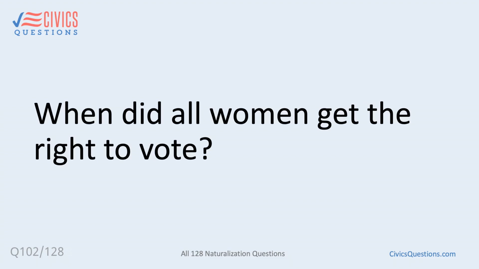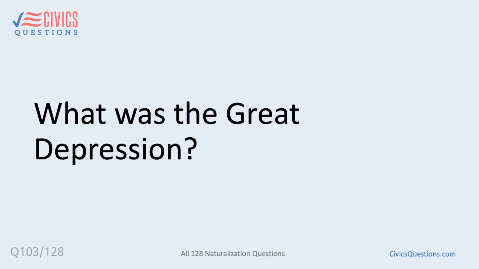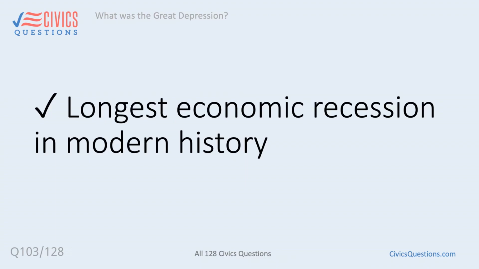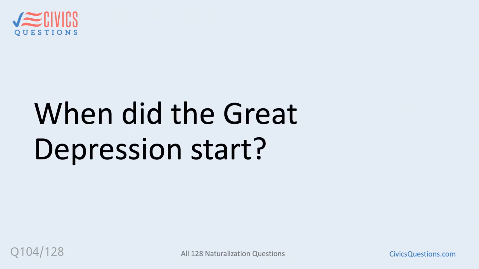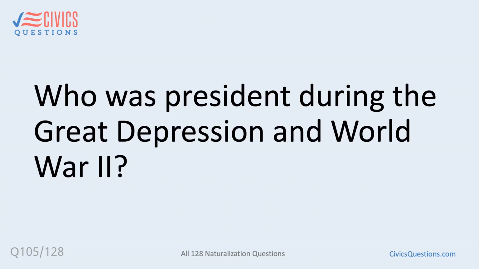When did all women get the right to vote? After World War I. What was the Great Depression? Longest economic recession in modern history. When did the Great Depression start? The Great Crash, 1929.